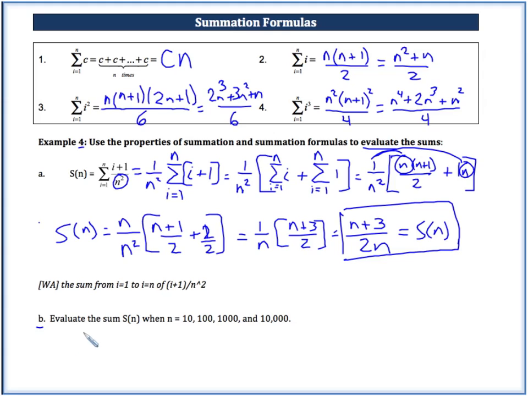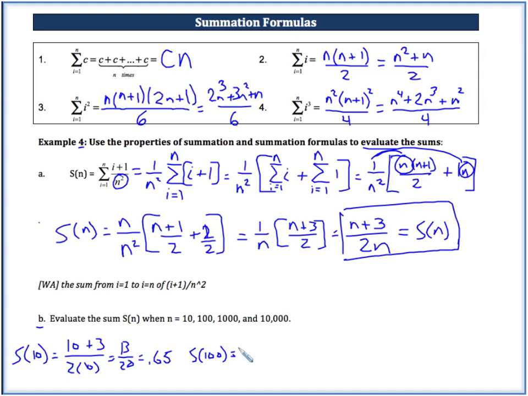Now moving on, letter B says evaluate the sum S of n when n equals 10, 100, 1,000, and 10,000. Okay, so let's go ahead and find S of 10. All we'd have to do is plug in 10 for n, so (10 plus 3) over (2 times 10). And that gives me 13 over 20, which is 0.65. If we wanted to evaluate S of 100, we would plug 100 in here.